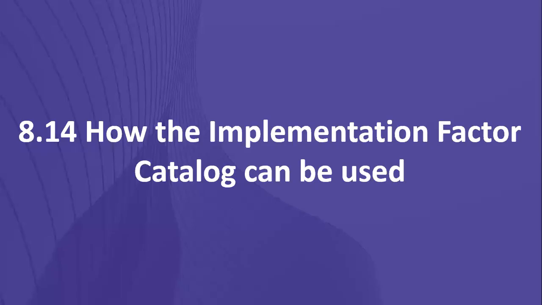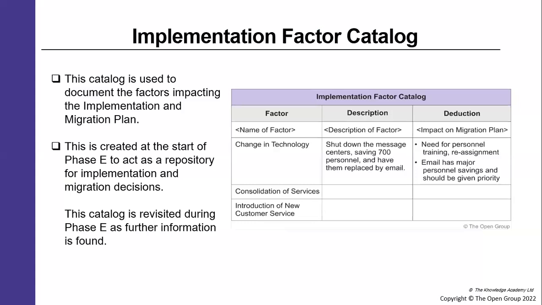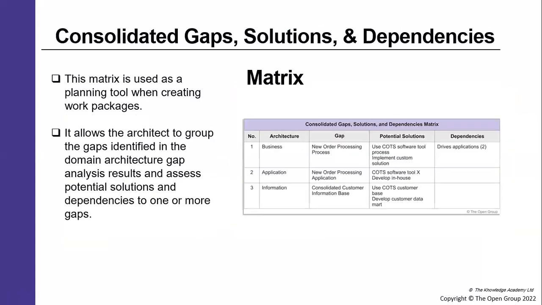Now, next one, how the implementation catalog can be used. This one we discussed. Implementation factor catalog. You remember this one? Yeah, in the techniques, migration planning techniques we did. This also we did. Consolidated gaps dependency matrix we did.